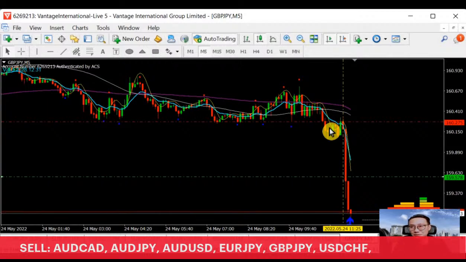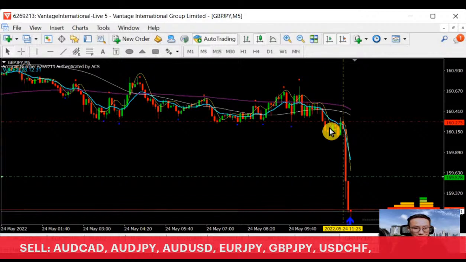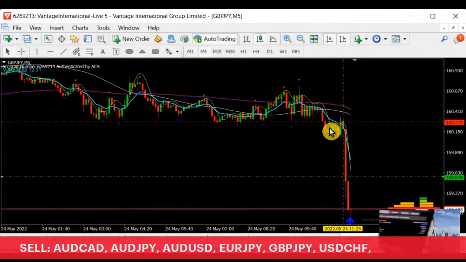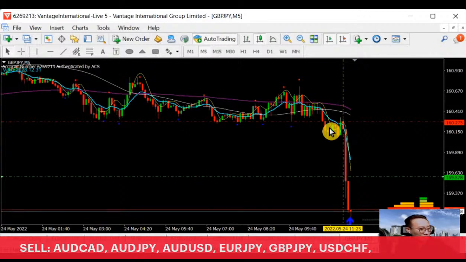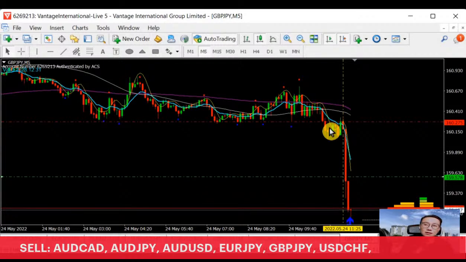Although I'm grabbing only 5 pips, I can see that we can go like this.